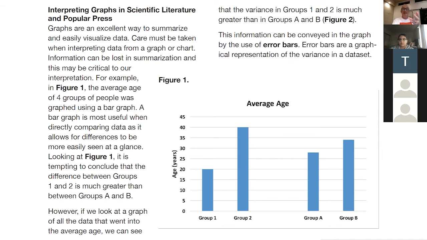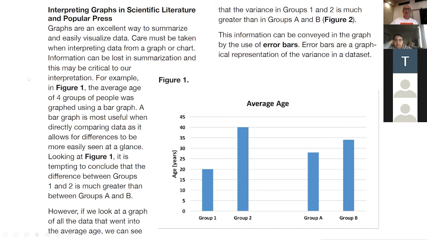So this sort of relates to just what I was telling you about earlier. When you're getting this sort of information, either in the press or on YouTube or even in a scientific article, you will get data presented that looks something like this. And so here there's 4 different groups they're looking at.